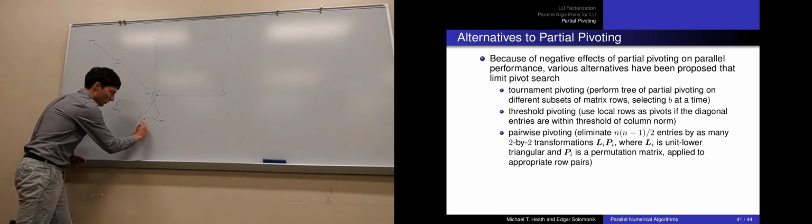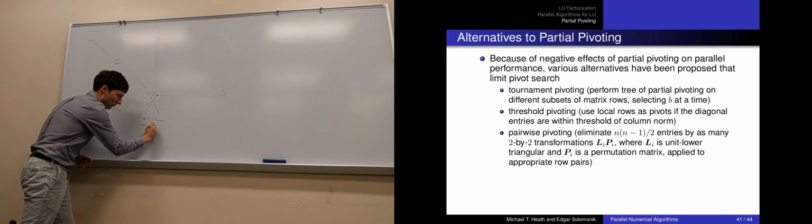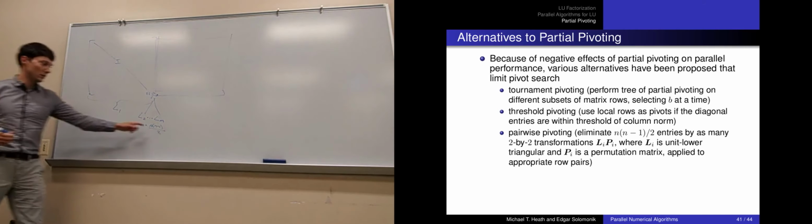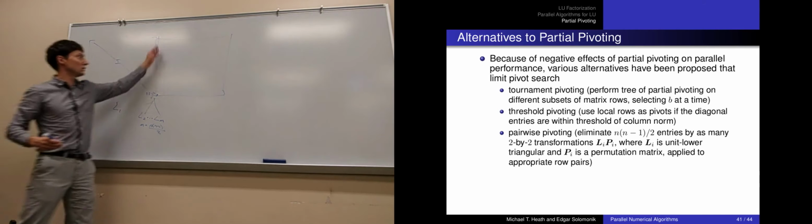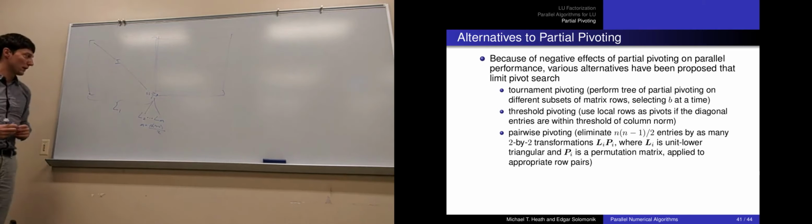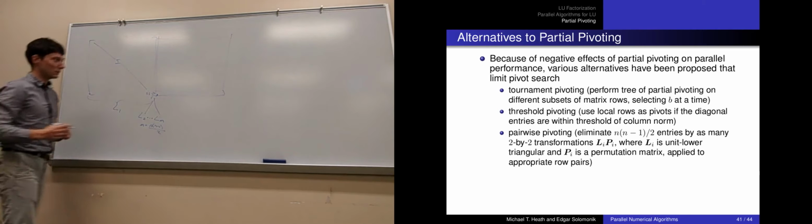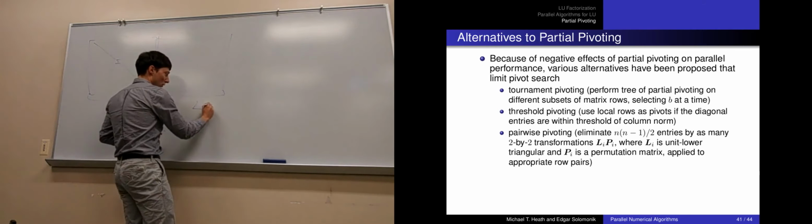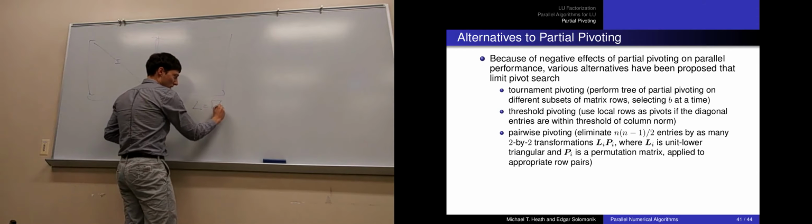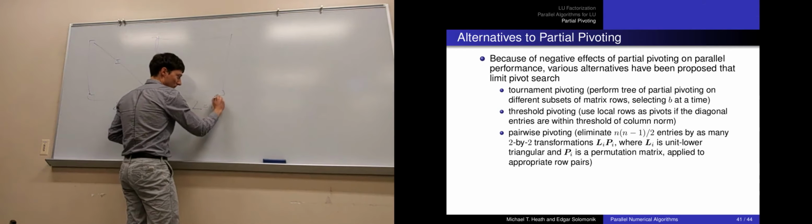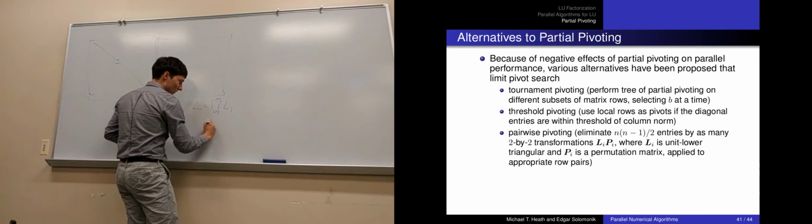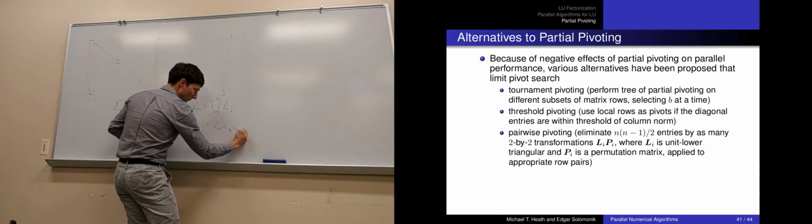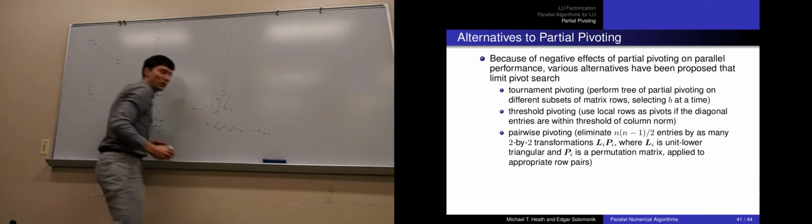So overall, we'll need something like n times (n minus 1) over 2 transformations to introduce a 0 to every one of the lower diagonal entries. Then effectively, our L factor overall will have the form of the product of all of these.